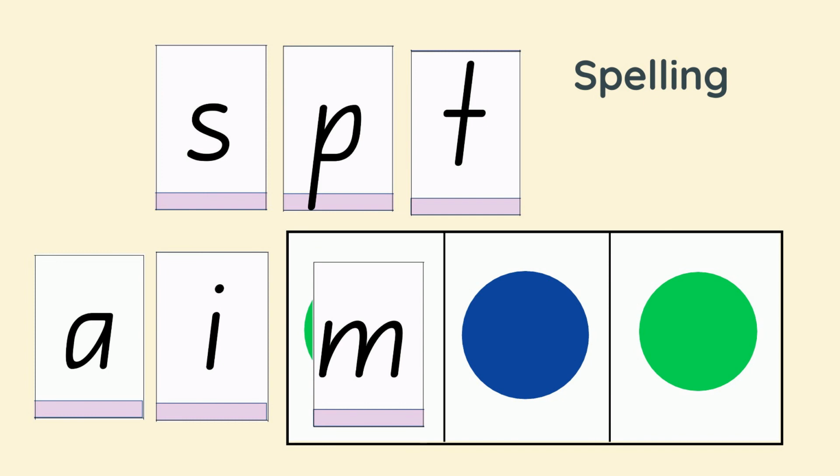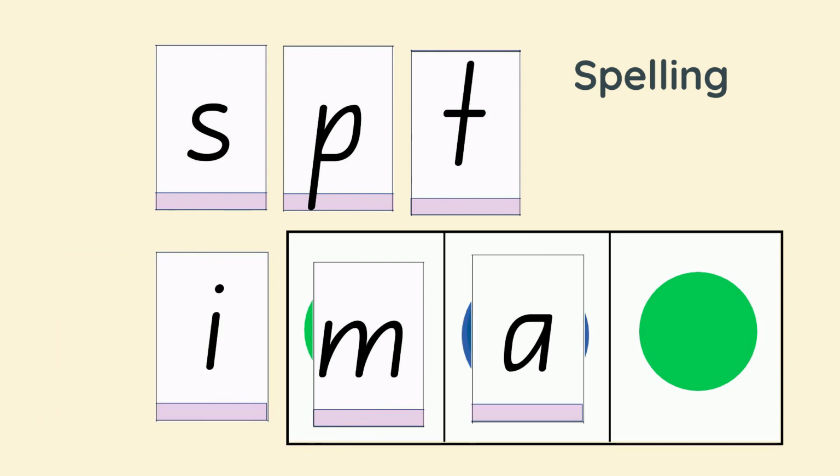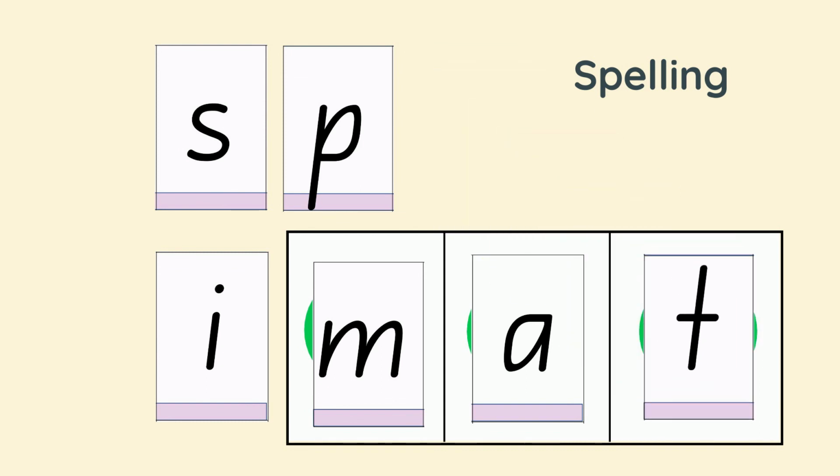Which letter represents A? It's the letter A. M, a, t. T is the final letter. Do you remember which letter represents the sound T? It is T. We have just spelled the word mat.